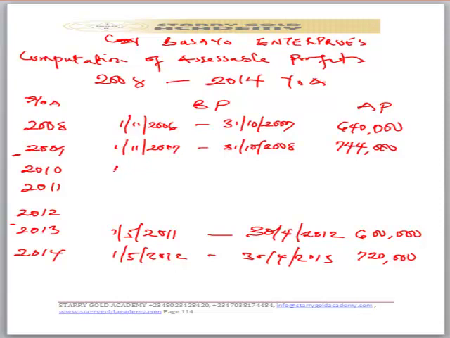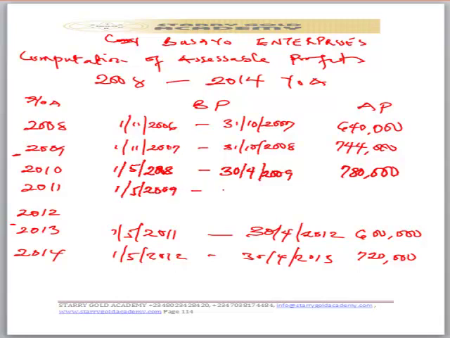So here we are picking 1/5/2008 to 31/4/2009, and that is 780,000. Then here 1/5/2009 to 30/4/2010.